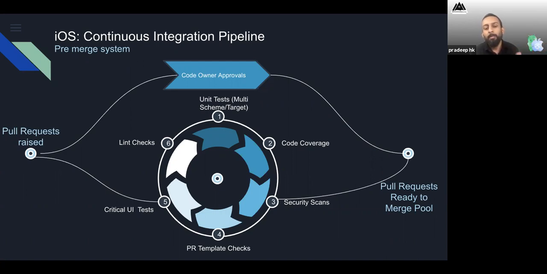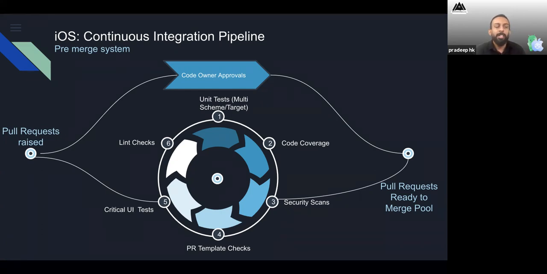And there are many varieties of lint checks which can also run, like SwiftLint, and also there is pod spec lint. And the critical UI test is what I showed in the previous slide. We are currently assuming there are only 15 critical UI tests which need to be run, because running 1,000 UI tests is obviously going to take more time.